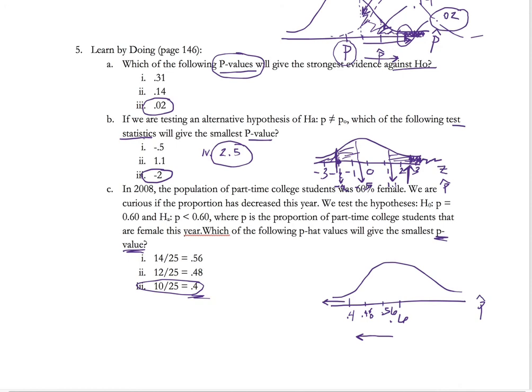The test statistic furthest from center gives you the smallest p-value. And in this case, again, the p-hat value furthest from center gives you the smallest p-value.